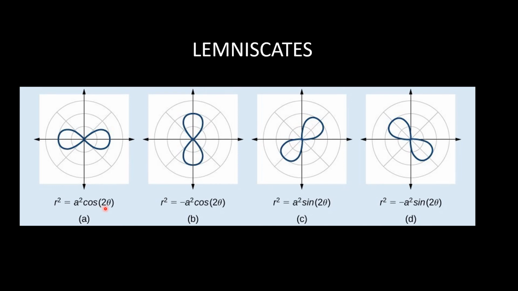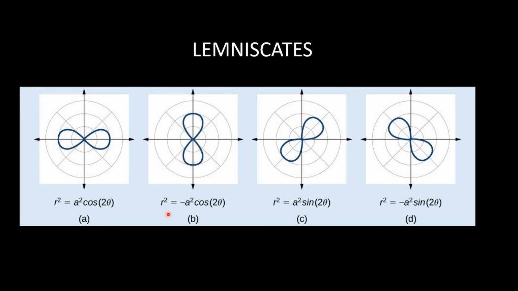So cosine 2 theta is positive only for negative 45 to 45, 135 to 225. For 45 up to 135 and 225 up to 315, cosine 2 theta is negative. That explains why there is no graph on these ranges of angles.